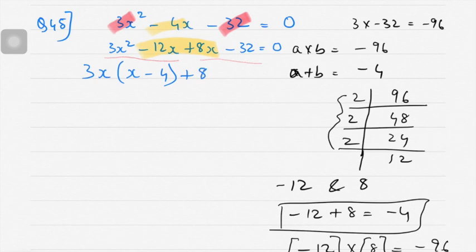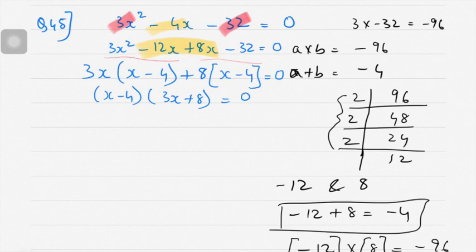Plus again, out of 8x and 32, 8 is common. Correct? So what is uncommon? x minus 4, because 8 into minus 4 is minus 32, is equal to 0. Next step, you will write what is there in the bracket, that is x minus 4, and then you will write what is not in the bracket, which is 3x plus 8, is equal to 0.